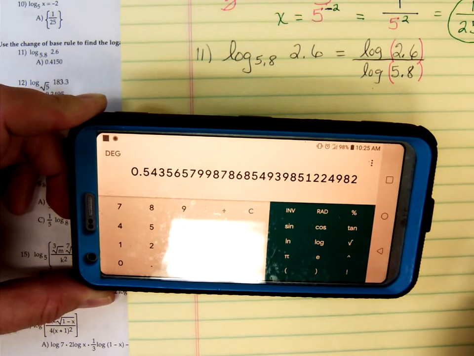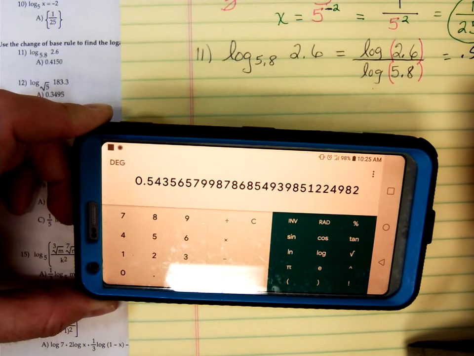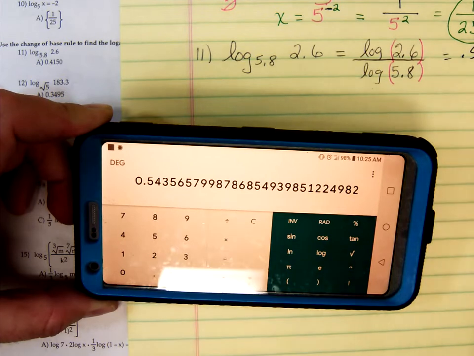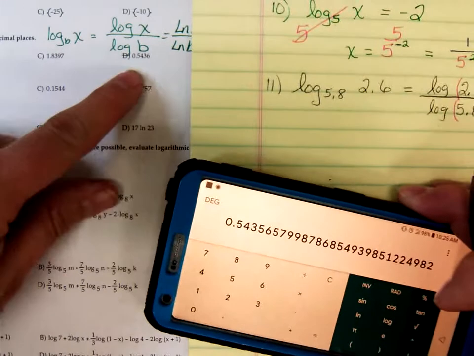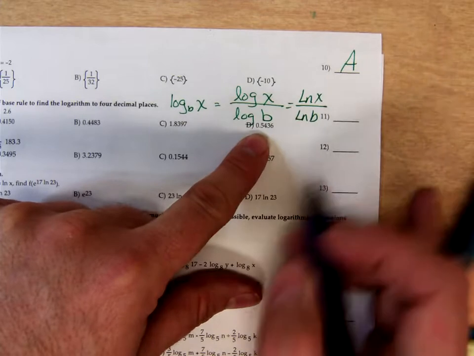Looks like they're rounding it to 4 decimal places. So 0.54356, so that would be a 6. 0.5436. Answer choice D. Okay, so D.